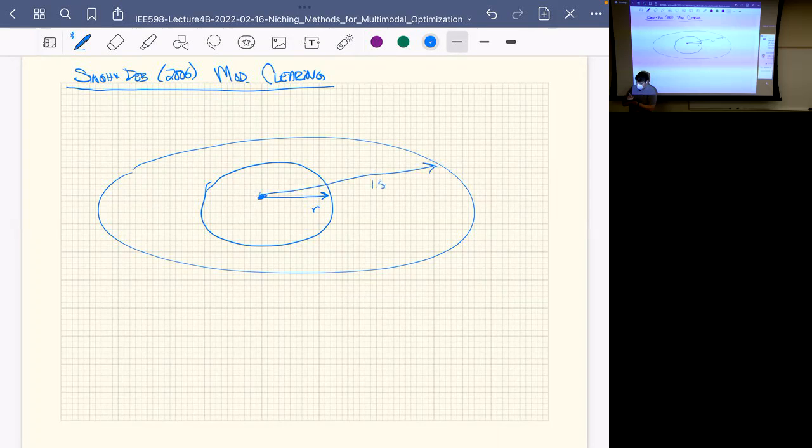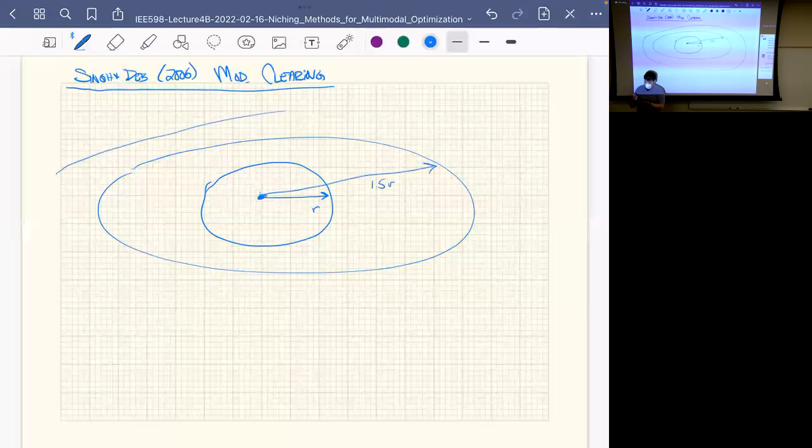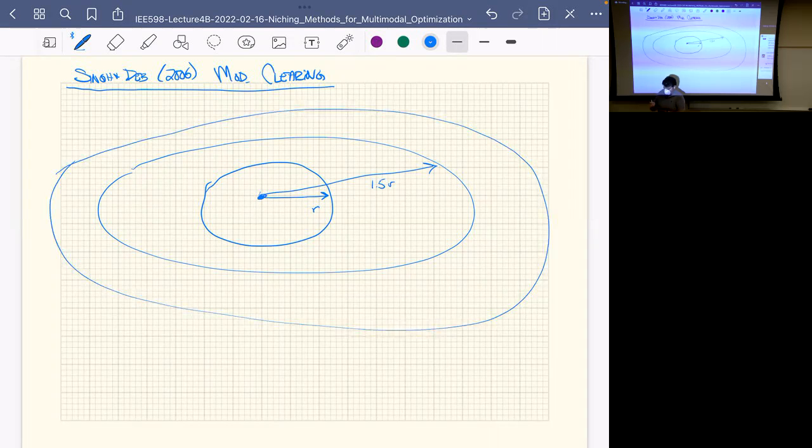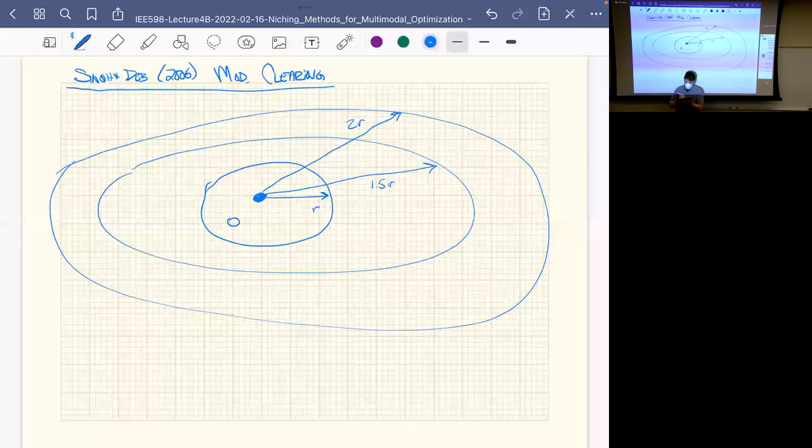In modified clearing, when you do your round of clearing, you've got your focal individual here. If any individuals are within this small distance, they get cleared completely. Their fitness is set equal to 0.